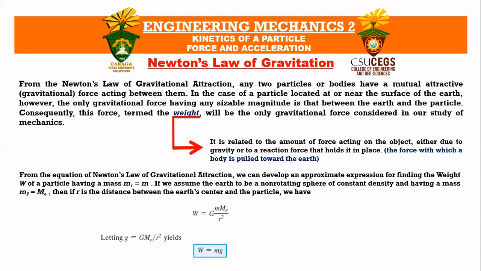And if we let small letter g equal the universal constant of gravitation times the mass of the Earth over r squared, this yields the simplest form of the equation of the weight.